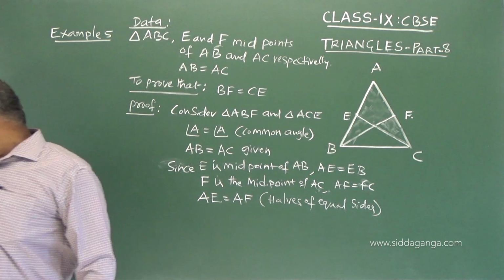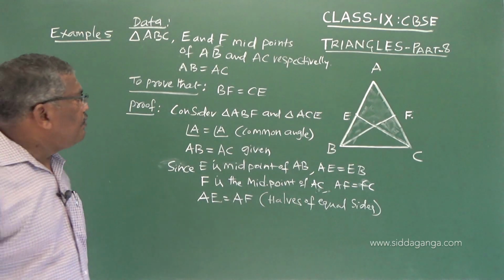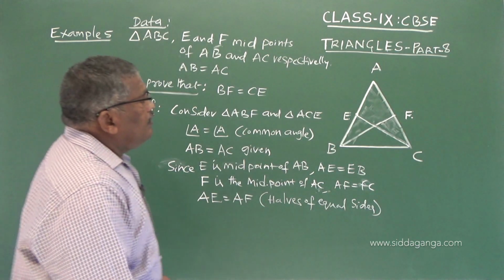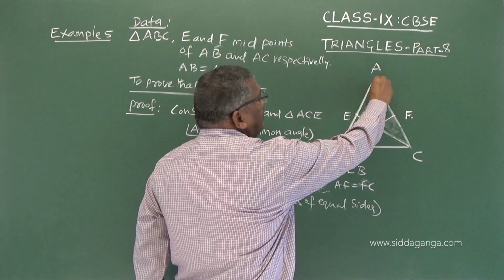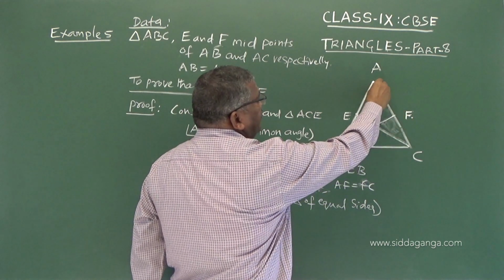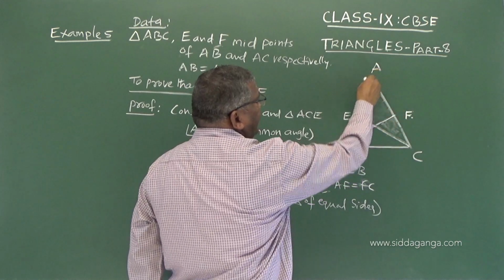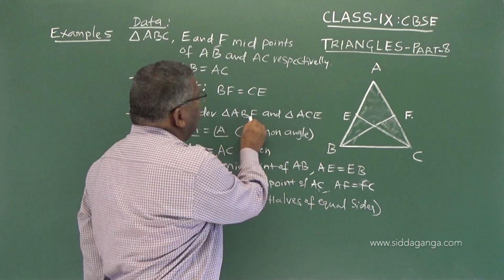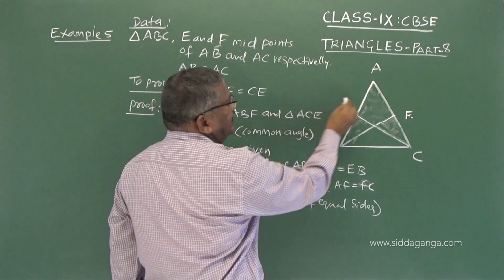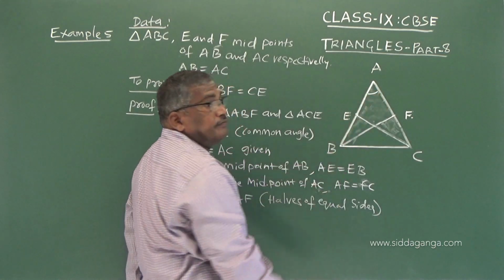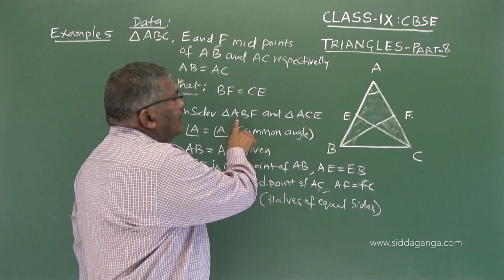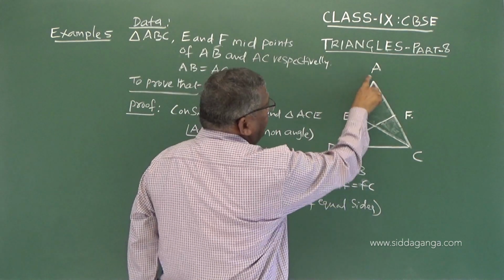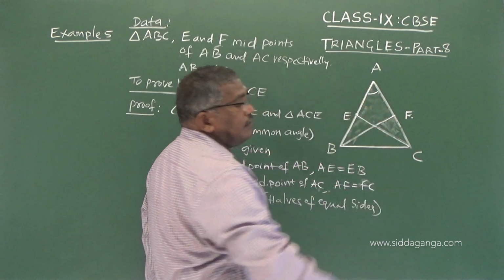Now, with this data, you observe, AE and AB of the first triangle ABF and the included angle A of the first triangle is equal to the AF and AC and the included angle A of the second triangle.